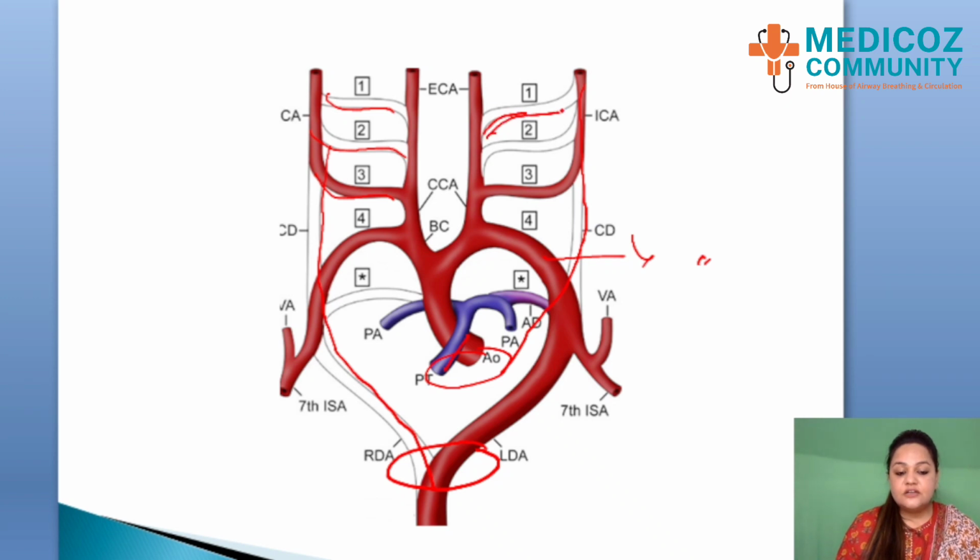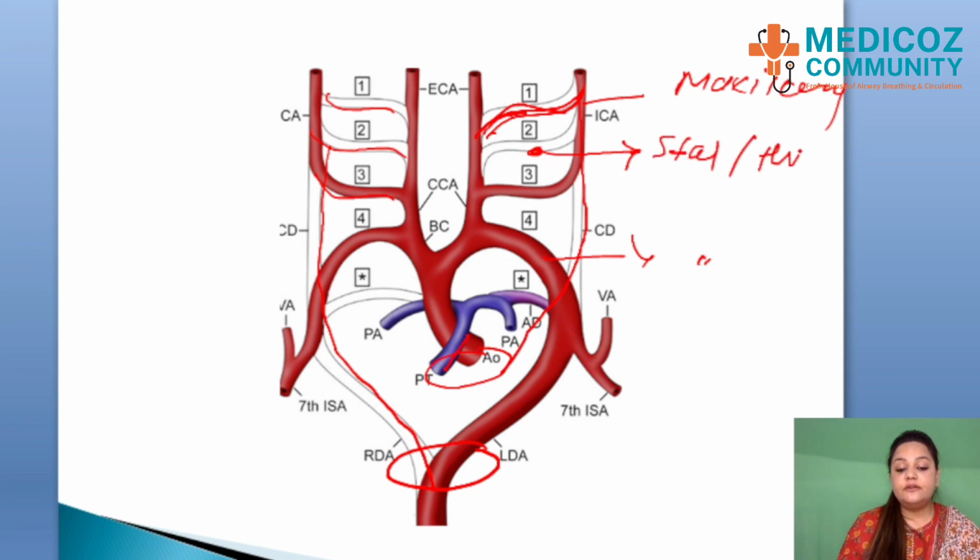So the first arch artery will form the maxillary artery. Okay, the second arch artery is forming the remnant, that is the stapedial and the hyoid artery. Clear. The third arch artery forms the common carotid, which will continue as the internal.